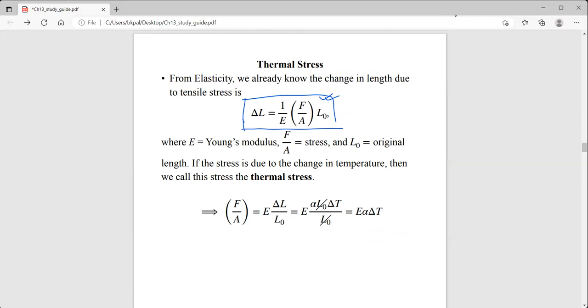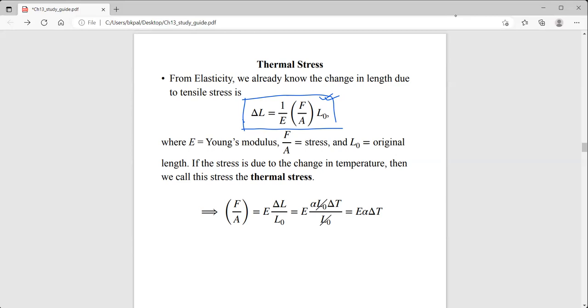If you forgot it, please go back to chapter 9 and review the tensile stress. Here delta L is the change in length, E is the elastic modulus or the Young's modulus, F is the force, A is the cross-sectional area, L0 is the original length, and F over A is also called the stress. In chapter 9 we called it tensile stress, compressional stress, or shear stress.